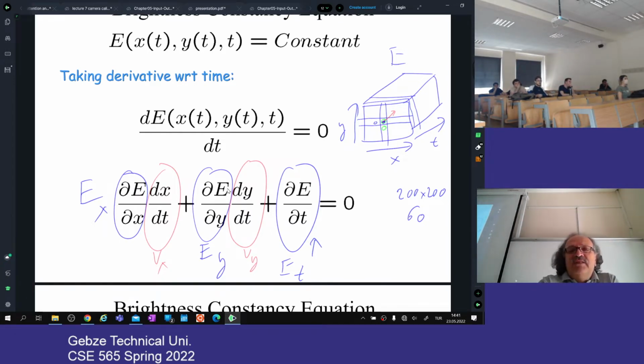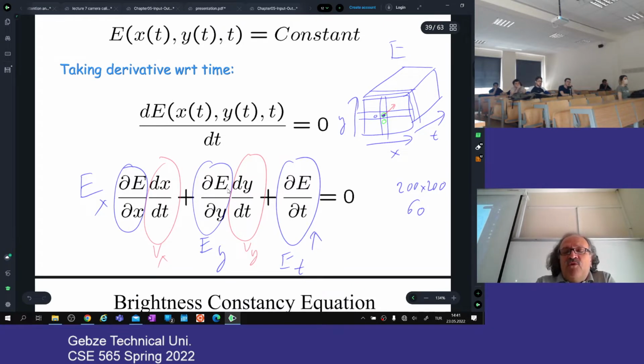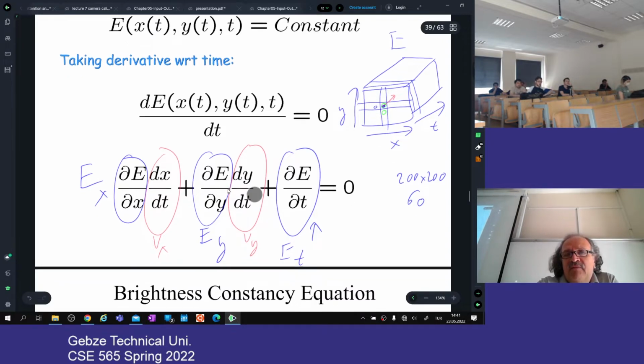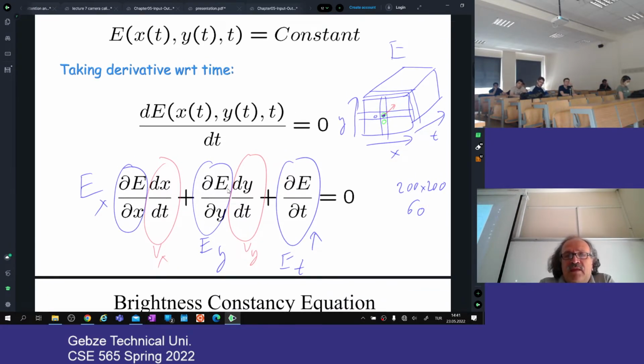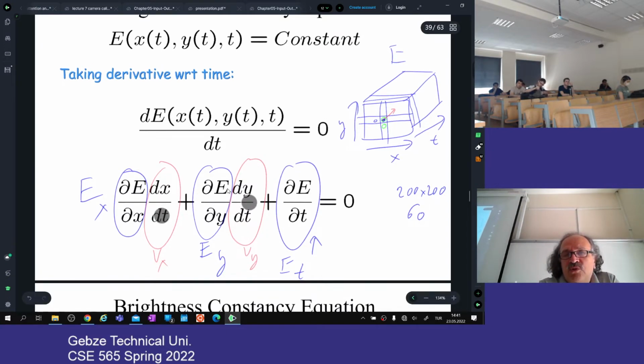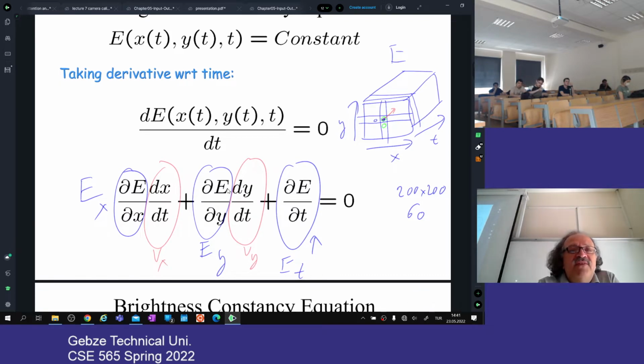What is this? The derivative of x with respect to t means that it is vx, the velocity of the moving pattern in the x dimension, and the velocity of the moving pattern in the y dimension, right? So I need to know these two. I can calculate these three.